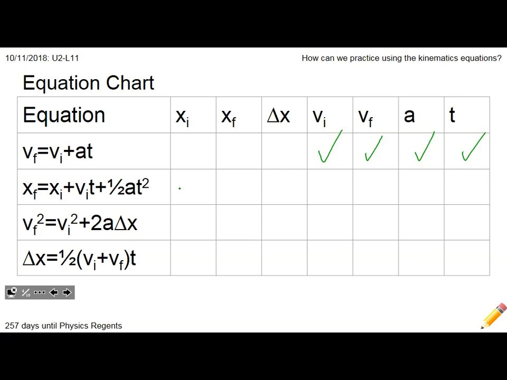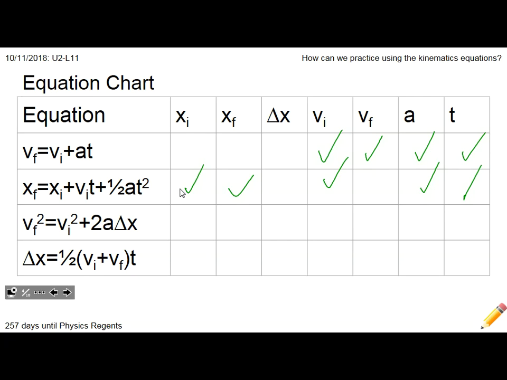Okay. The second equation has X final, X initial. It has V initial. It has A, and it has T. Okay, so everything but V final.